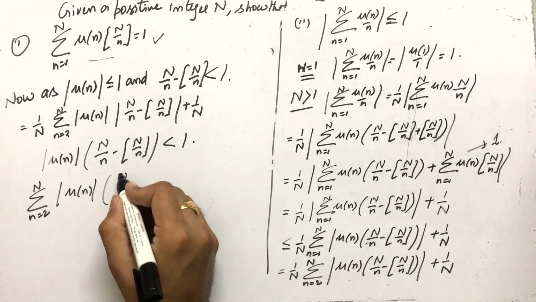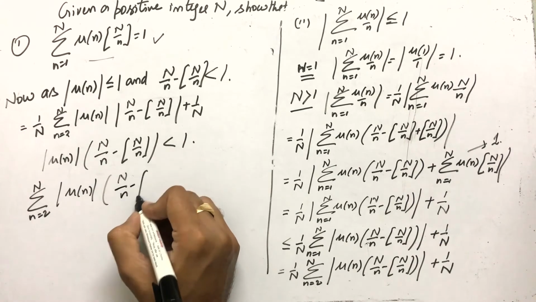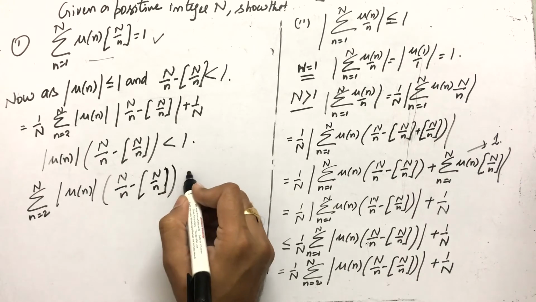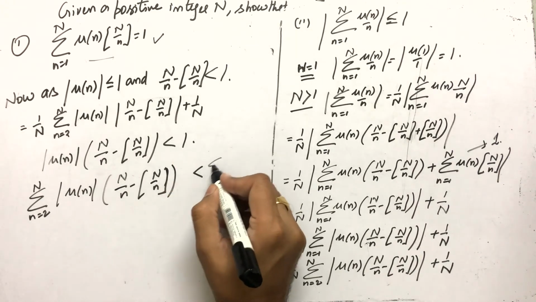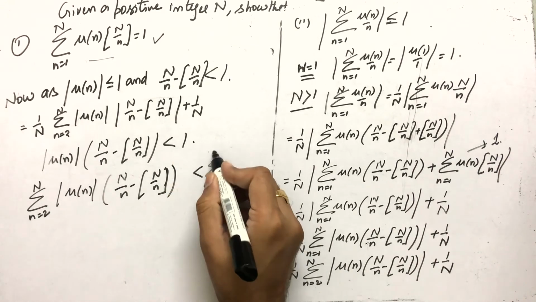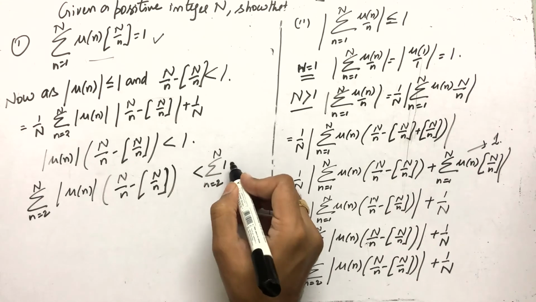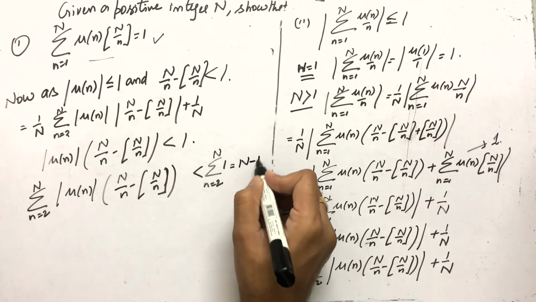So that's why we have written a round bracket here, is less than, and also summation n from 2 to capital N here. And how many ones will be there? 2 to n. That means n minus 1.